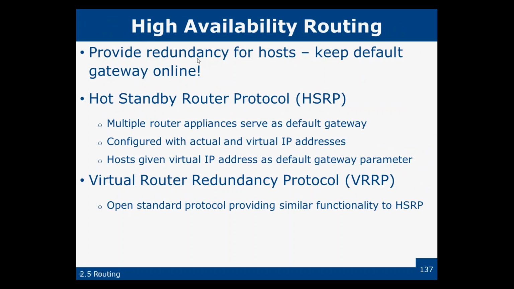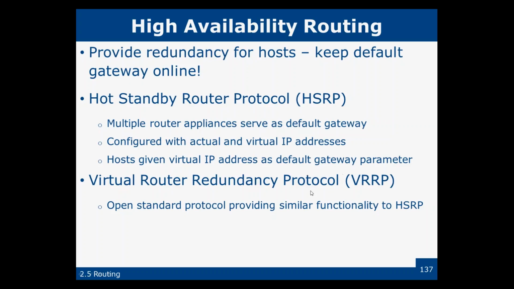Back to the question that you asked earlier, what happens if that single router goes down? Yes, we have a problem, and that's what high availability, the Hot Standby Router Protocol and the Virtual Router Redundancy Protocol are for, HSRP and VRRP. HSRP is a Cisco proprietary protocol.